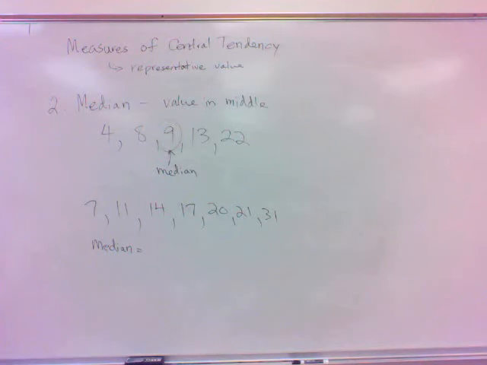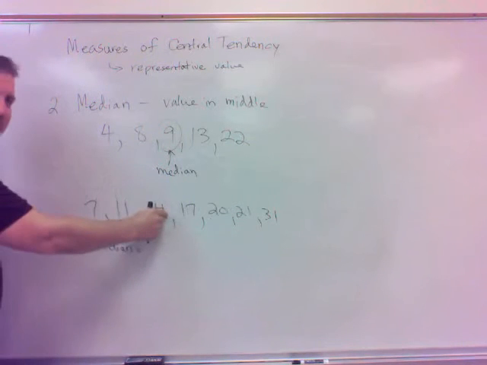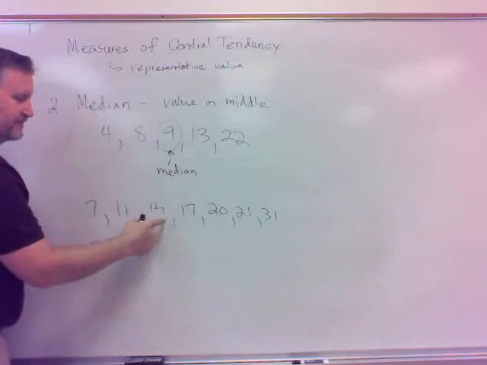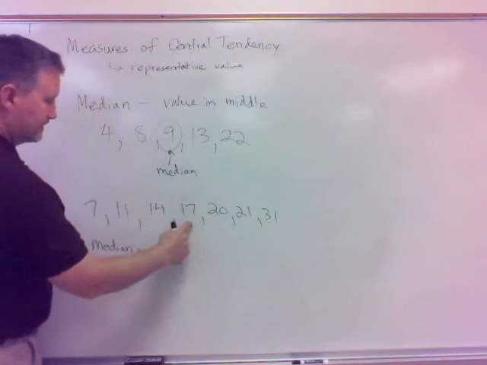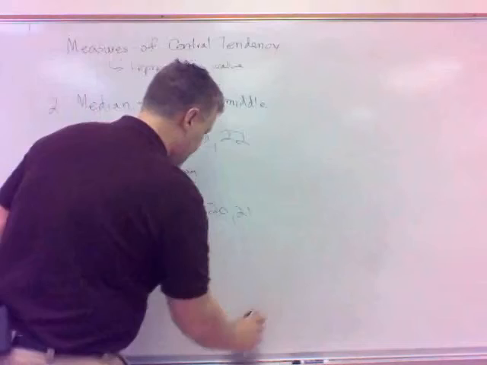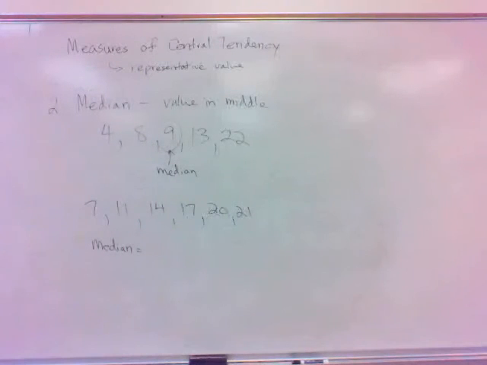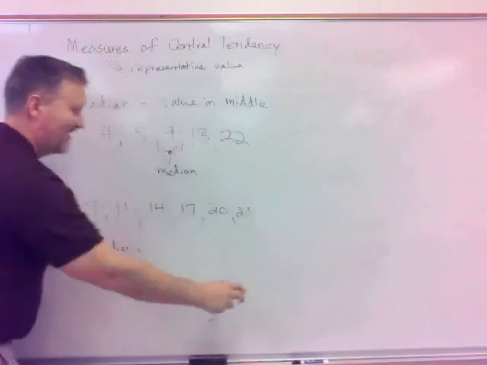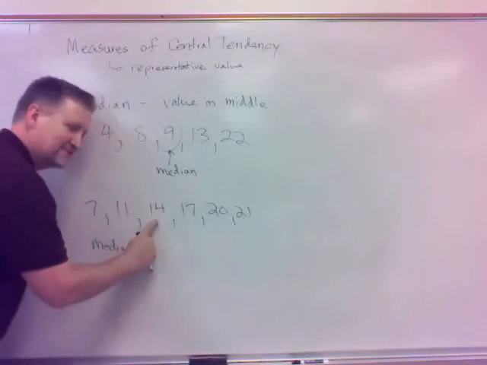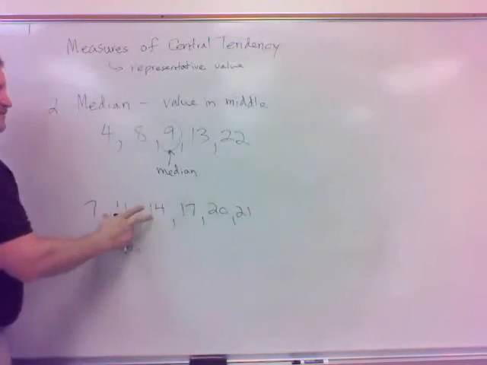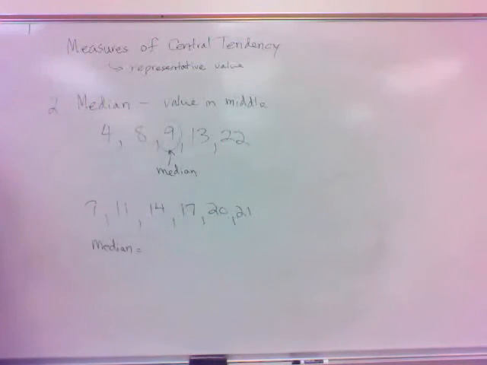Well, the problem I run into is I can't choose 14 because it has 2 and 3, and I can't choose 17 because it has 3 on this side and 2 on that side.